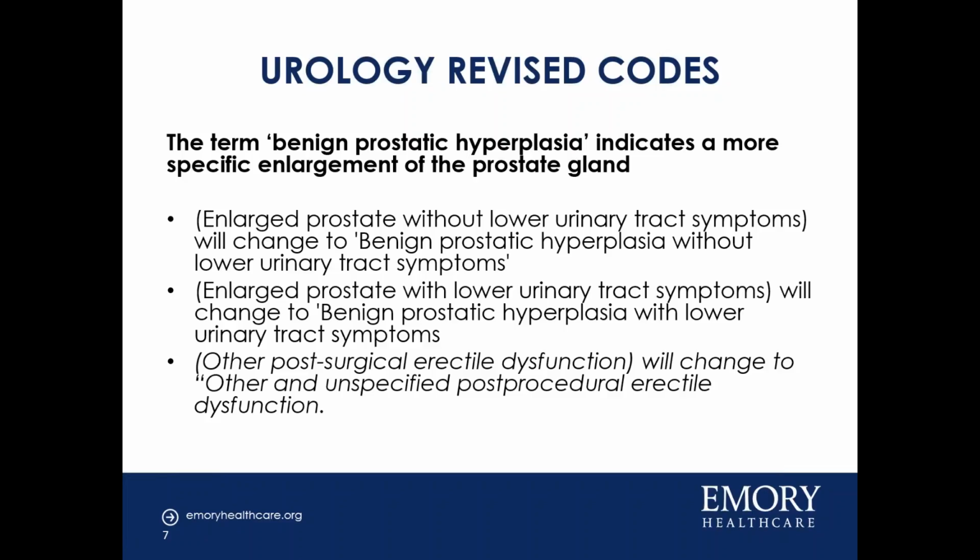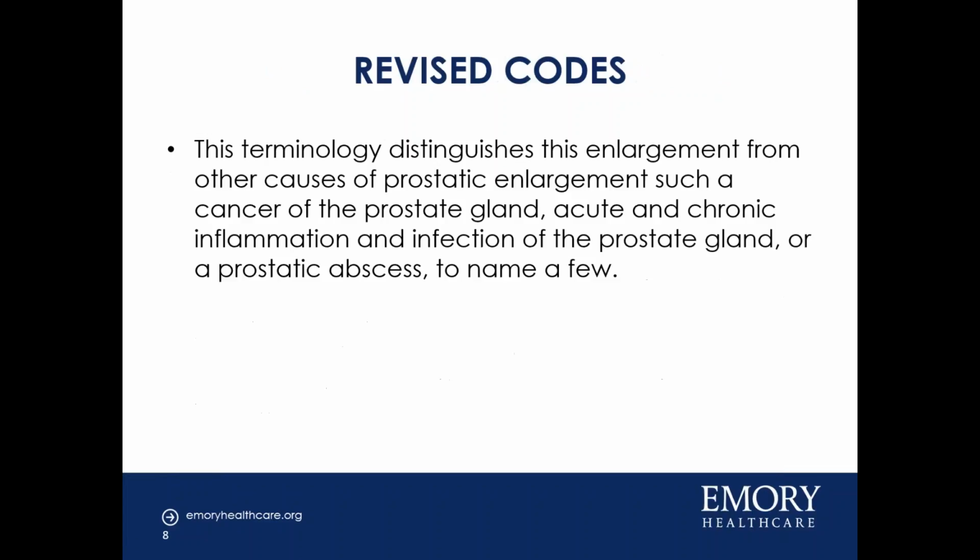And then there's also other post-procedural erectile dysfunction, and that's going to change to other and unspecified post-procedural erectile dysfunction. There are also some other codes for erectile dysfunction I'll go over shortly. But this terminology distinguishes the enlargement from other causes of prostatic enlargement, such as cancer of the prostate gland, acute and chronic inflammation and infection of the prostate gland, or prostatic abscess.